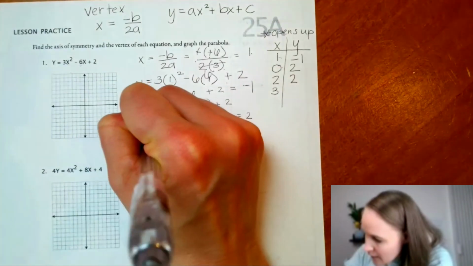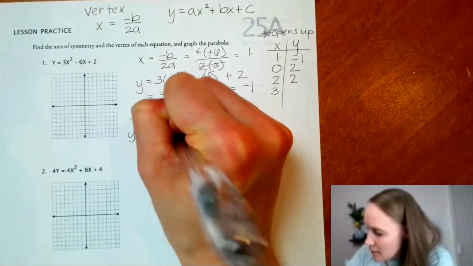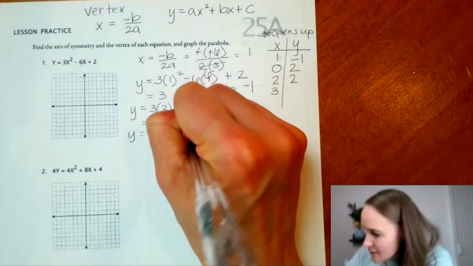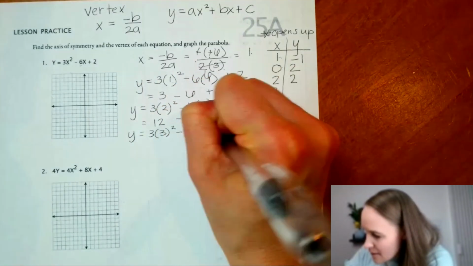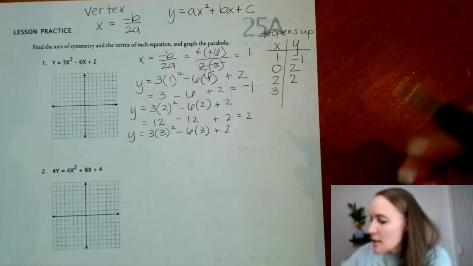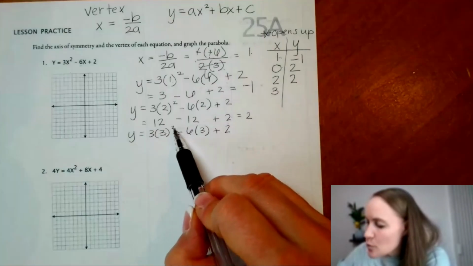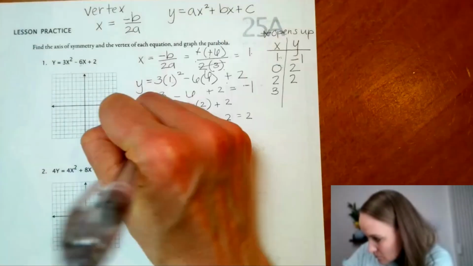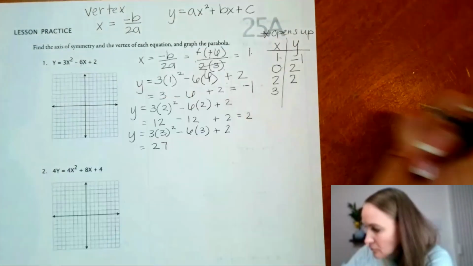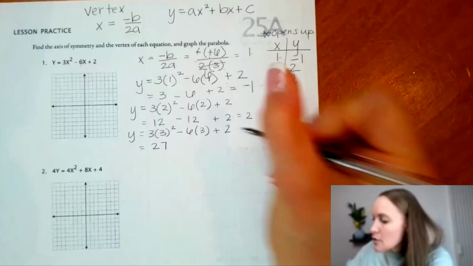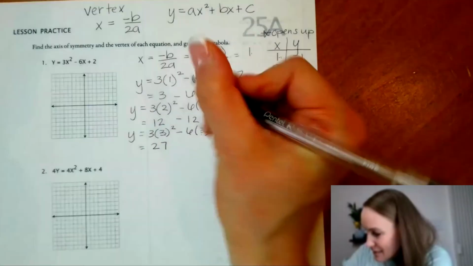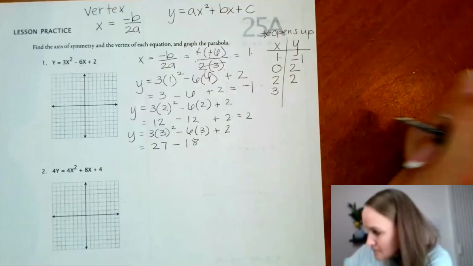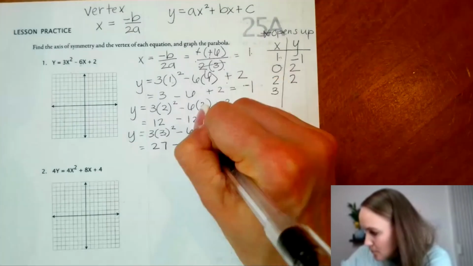y equals 3 times 3 squared minus 6 times 3 plus 2. Let's see what we get here. We have 3 squared, which is 9. 9 times 3 is 27. 3 times 6 is 18. And then +2.